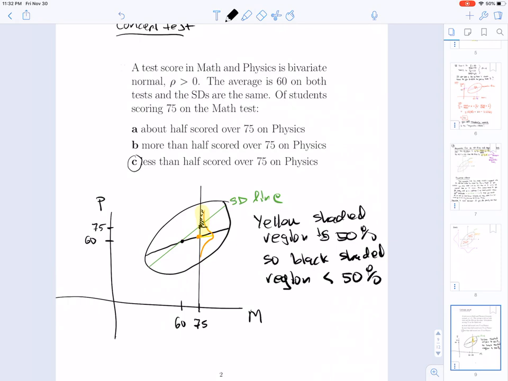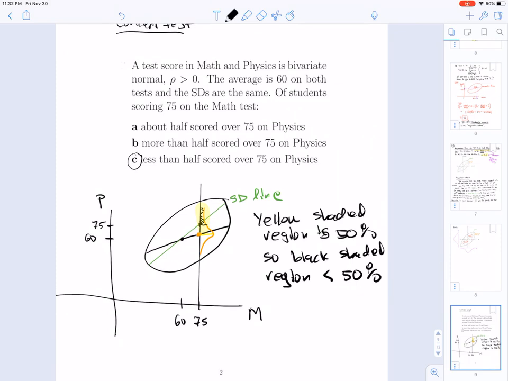Now, because the SDs are the same here, the student scoring more than 75 on physics is the area in black here, and that's basically where the SD line crosses through the line for where math is 75, and you can see that area will be less than 50%.